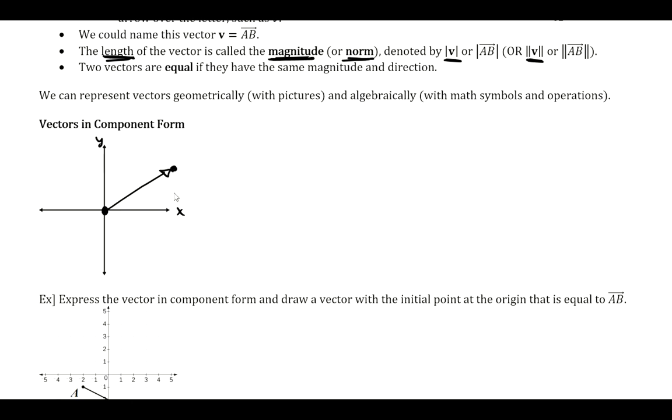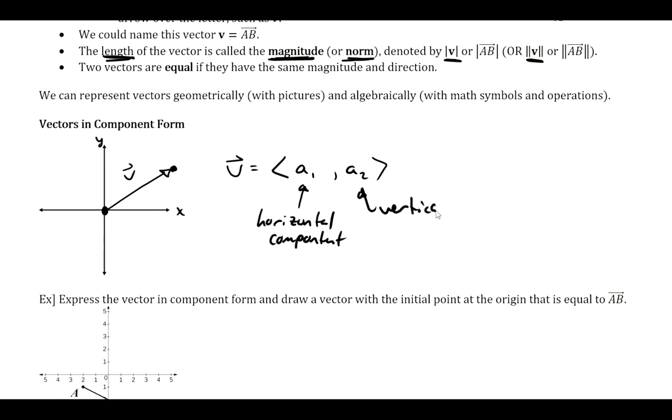Here's our vector v. In component form, we could use different letters, but I'm going to do A1, comma, A2, where this is the horizontal component and that is the vertical component.